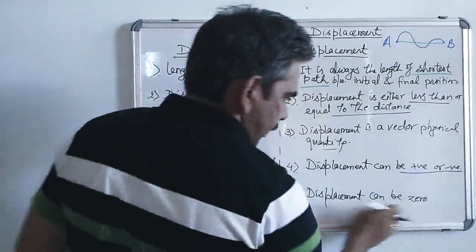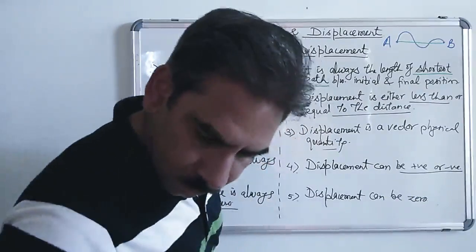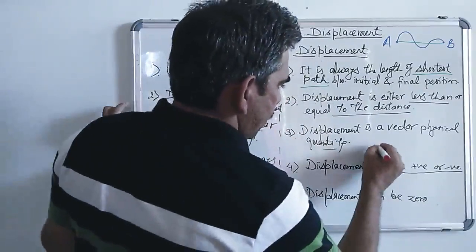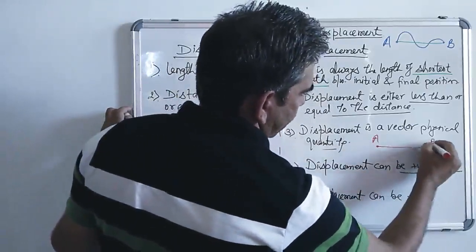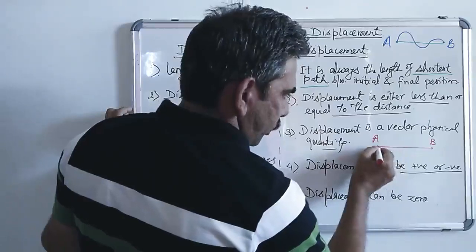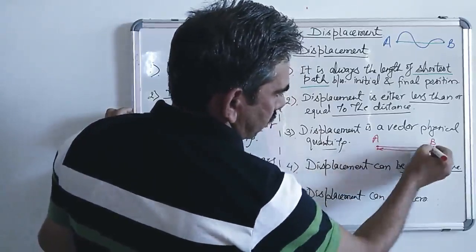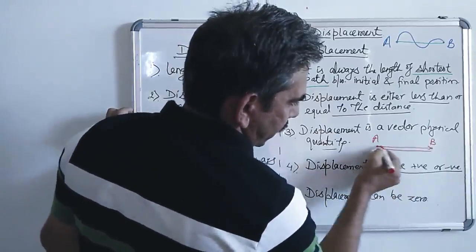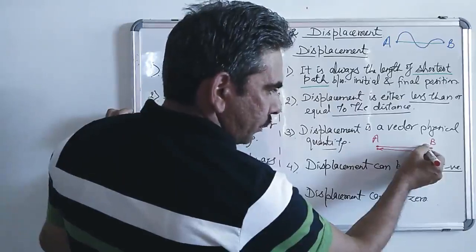So how do we understand it? By this same example, suppose the journey has started from point A, moved to some point B and then come back to the same position A. Initially it was moving in the right direction to point B, so we take the displacement to be positive.